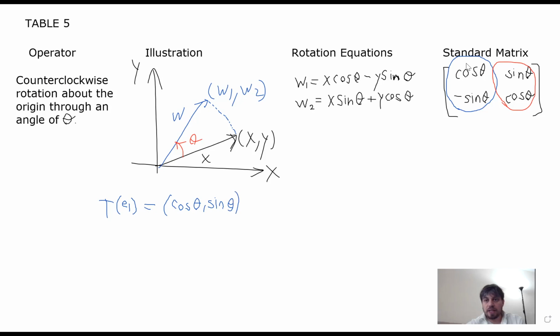And then if you take the image under T of E2, if you counterclockwise rotate the vector E2 about the origin through an angle of theta, you get negative sine theta, comma cosine theta.